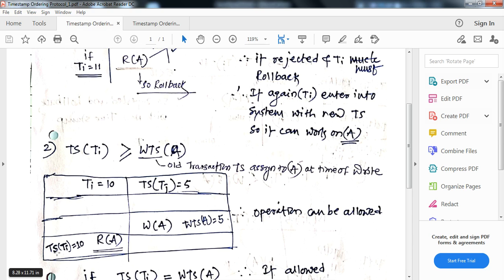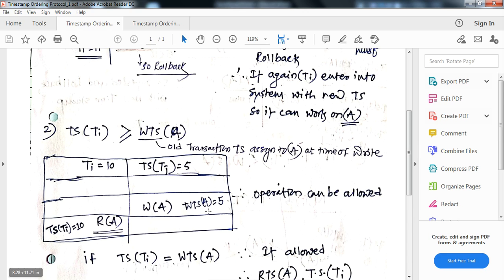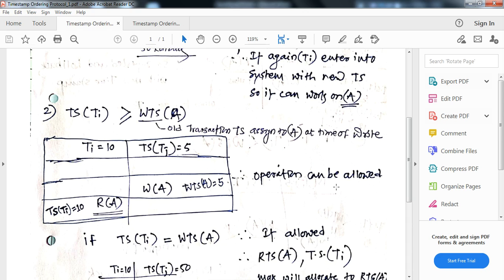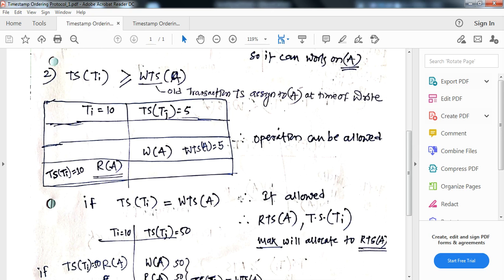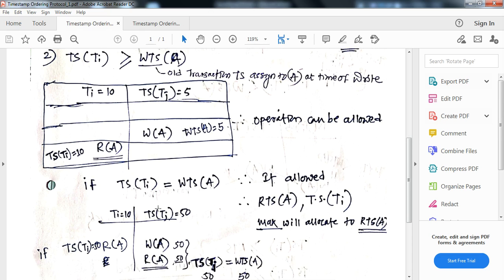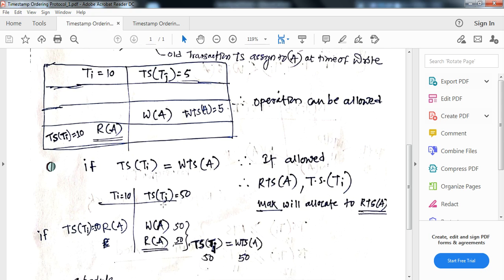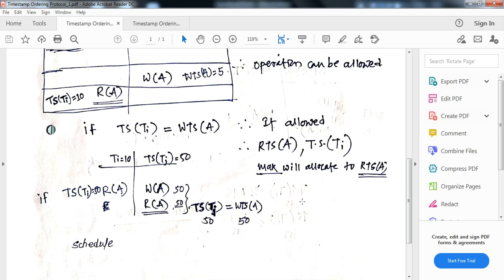If the timestamp of the transaction is 10 and the write timestamp of the data item is 5, then the operation is allowed, right? If the transaction timestamp is equal to the write timestamp of the data item, then it is also allowed, right?